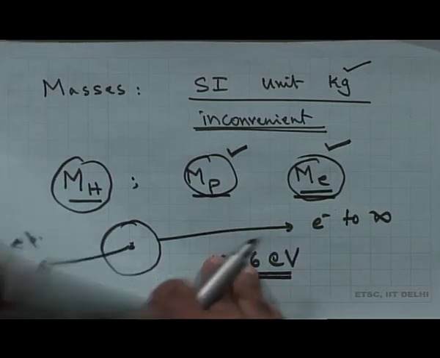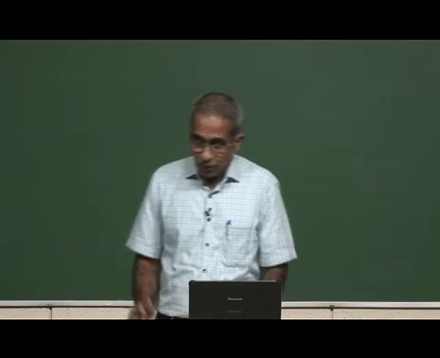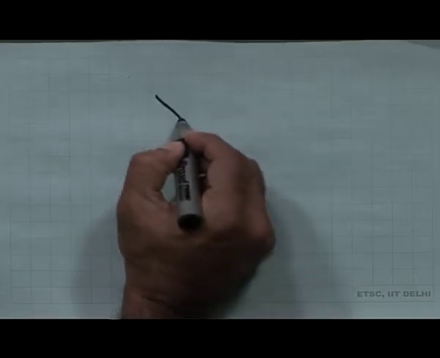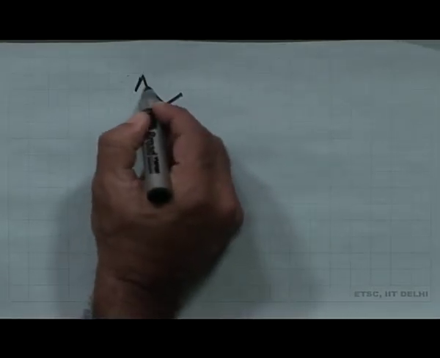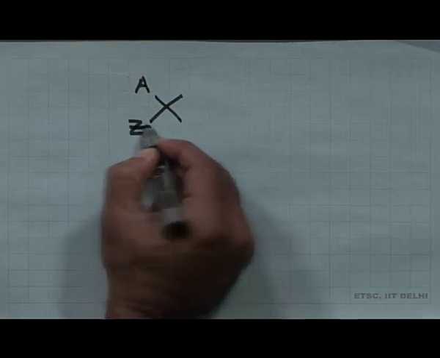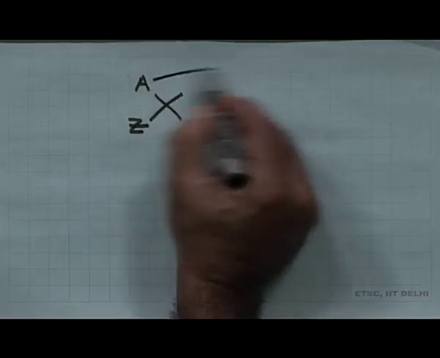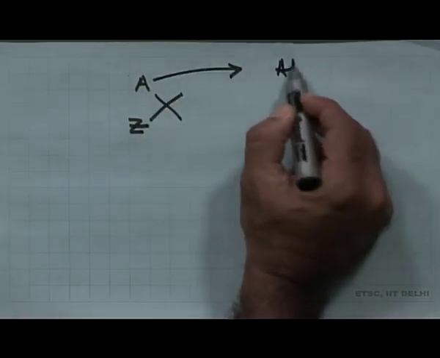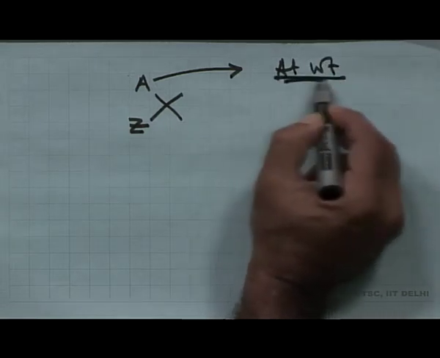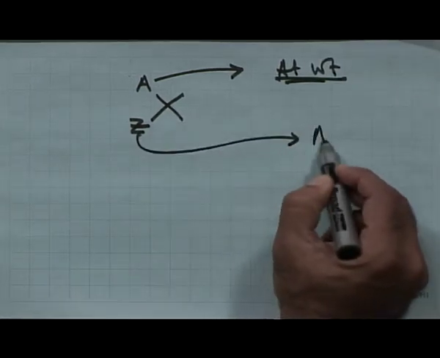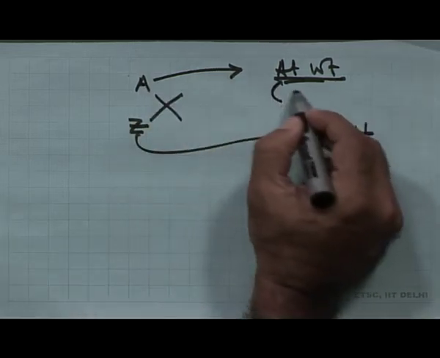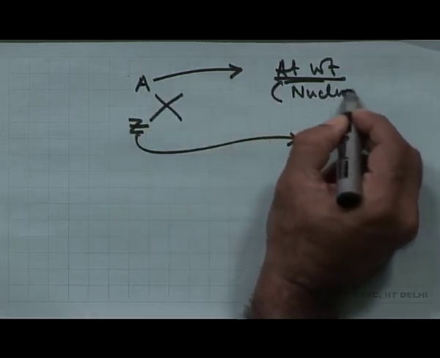This is the idea that we want to perfect by making use of Einstein's mass energy relation. So you start with a nucleus, as I told you, X with A and Z. Don't forget that A is my so-called atomic weight, and Z is my atomic number. In fact, a better notation for atomic weight is nucleon number.